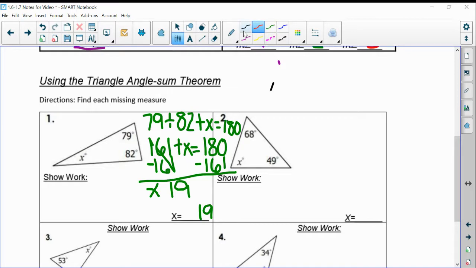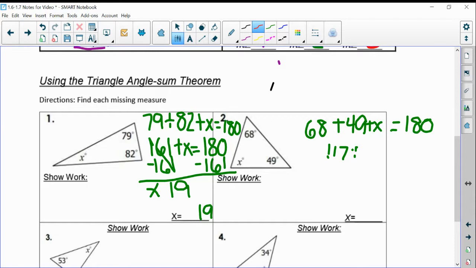Same thing on 2. We're going to say our three angles, so 68 plus 49 plus x is equal to 180. The sum of our three angles added together equals 180. So 68 plus 49 is going to give me 117.